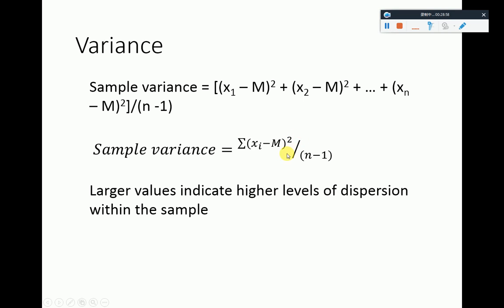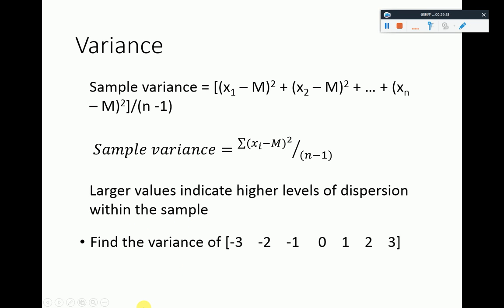Then we divide the sum by sample size minus 1. You may ask, why do we subtract 1 from the sample size? The answer is for a more advanced class in statistics, so we won't go through the reason here, but just keep in mind that we always divide the summation by n minus 1. Larger variances indicate higher levels of dispersion within the sample.